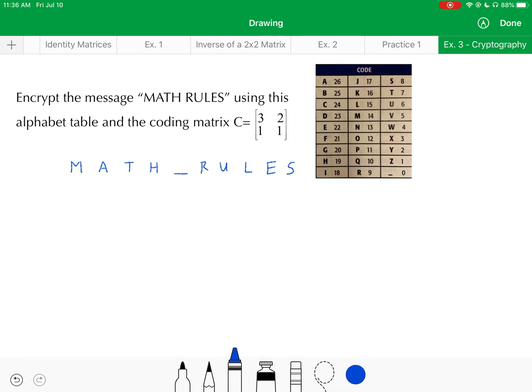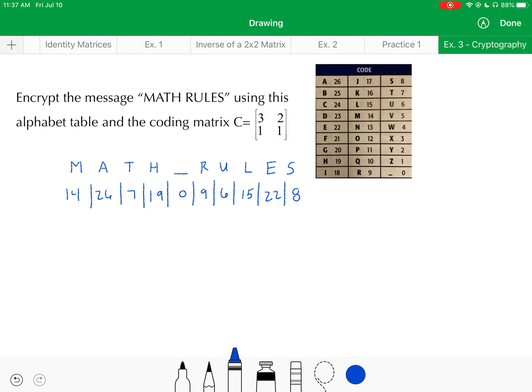So let's see, the letter M is 14, letter A is 26, letter T is 7, letter H is 19, a space is represented with a 0, and R is represented with a 9, U is 6, L is 15, E is 22, S is 8.